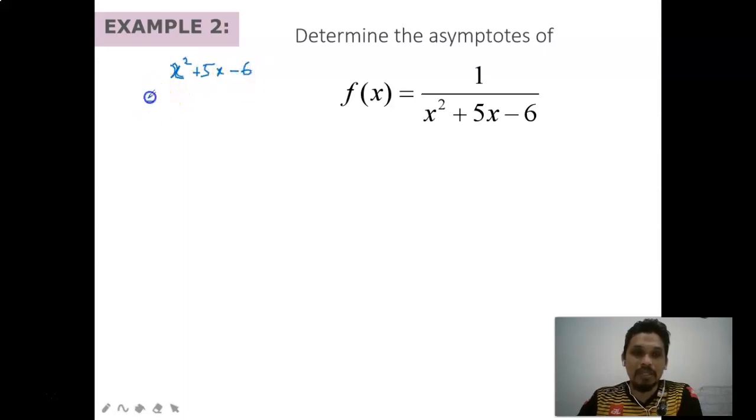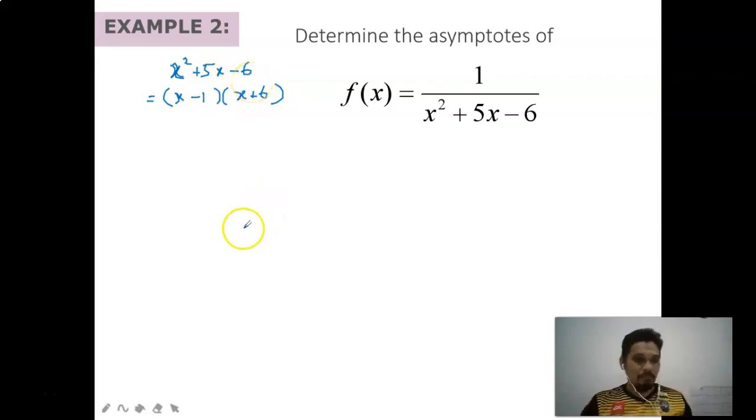You come out with x minus 1 and x plus 6. We'll double check: x times x is x squared, x times 6 is 6x, negative 1 times x is negative x, so 6x minus x is 5x, and negative 1 times 6 is negative 6.